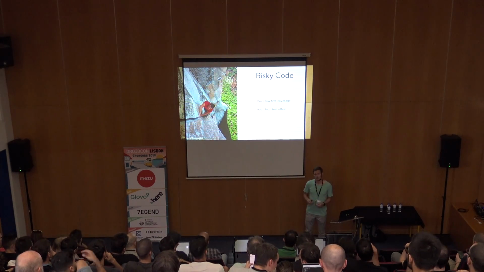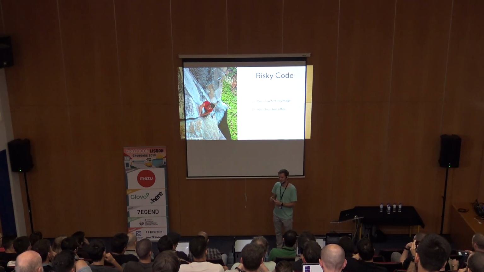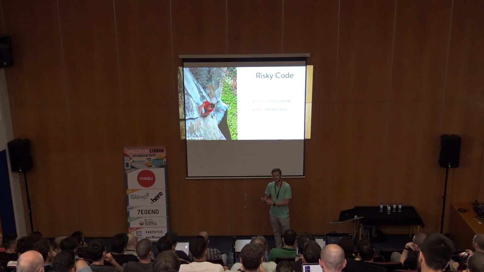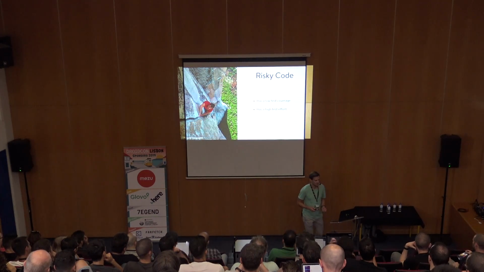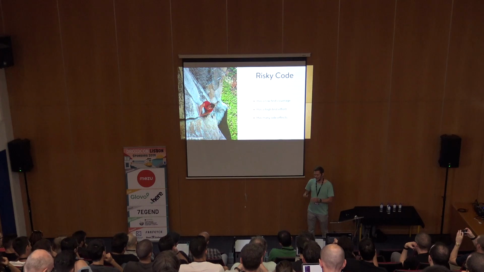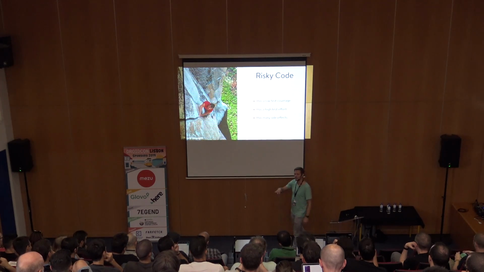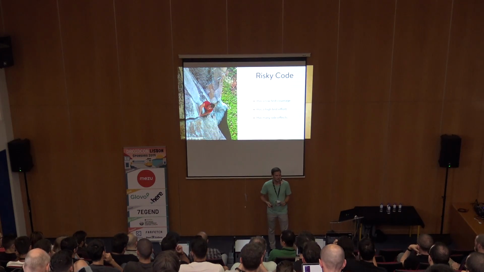It has a high test effort, so whenever you change something, the QA is really annoyed by you because he needs to test it with loads of different devices, and it could actually break a lot. That is also what's called side effects. If the product owner comes to you and asks, can you maybe change this? Everybody's like, oh no, I don't want to change this because I'm afraid of that. That's for me risky code.